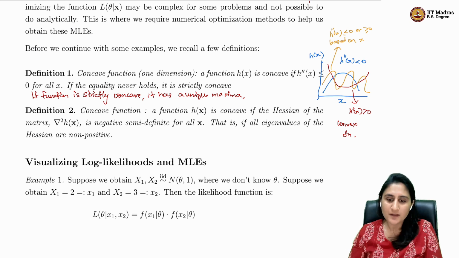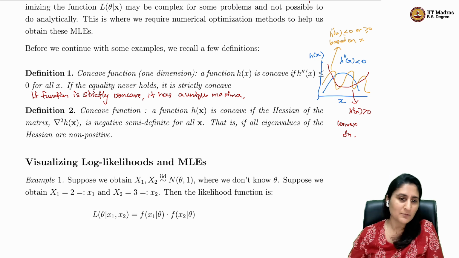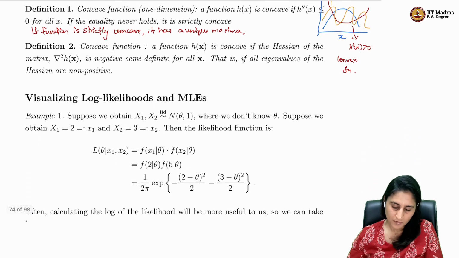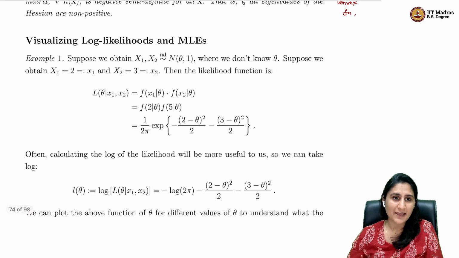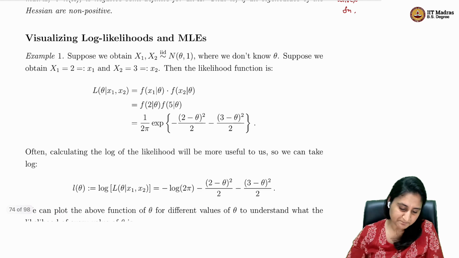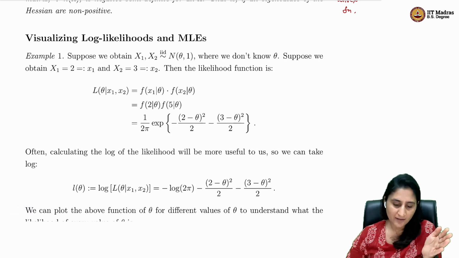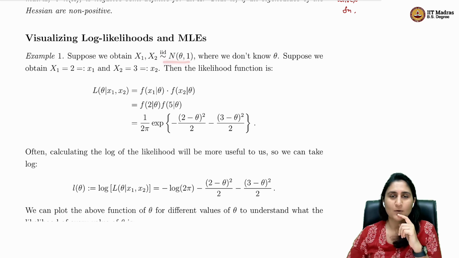Okay, but actually, let's first try and understand what do likelihood functions actually look like, and can we maybe visualize them? So visualizing log likelihoods and MLEs. So here's an example. Suppose I have two data points, x1 and x2, IID, so they're independent, and they're both from the same distribution of normal theta comma 1.